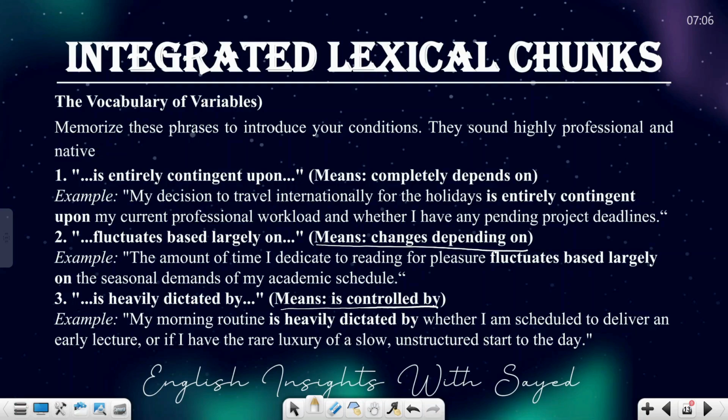My morning routine is heavily dictated by whether I am scheduled to deliver an early lecture or if I have the rare luxury of a slow, unstructured start to the day.